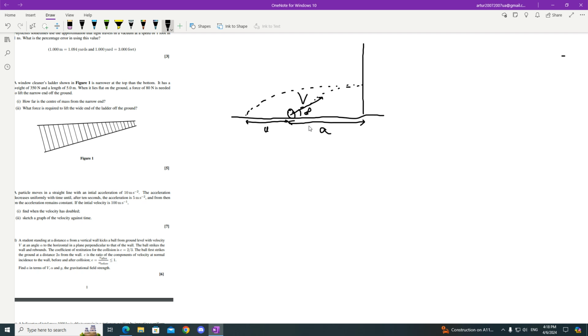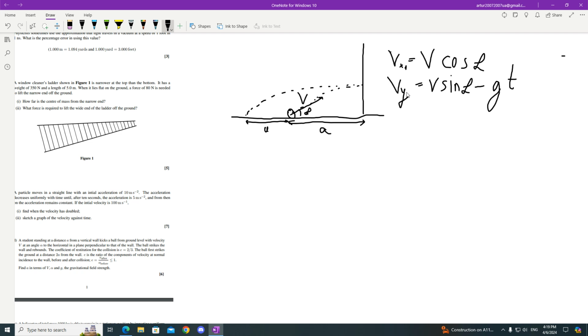First of all, we know that the coefficient of restitution influences only horizontal speed, because speed has two components, Vx and Vy. So Vx1, the speed before the rebound, is equal to V cosine alpha. Vy is equal to V sine alpha minus gt, because of the gravitational constant over time.